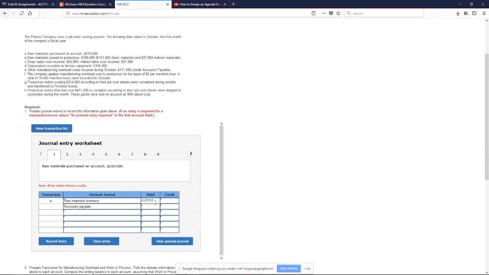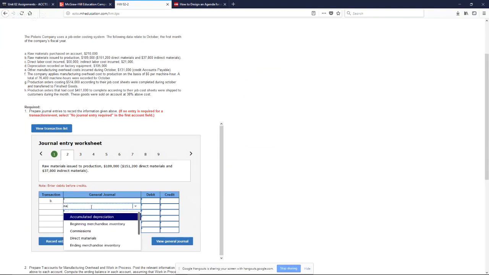Then for 2, we took some of those raw materials and put them into use. $191,000 total were taken out of our raw material. $152,800 was direct. $38,200 was indirect. So I set it up like that. Similar to the last one. Yeah.